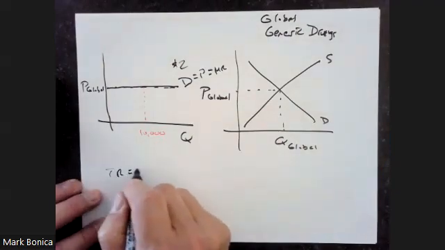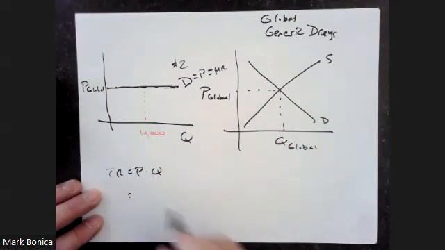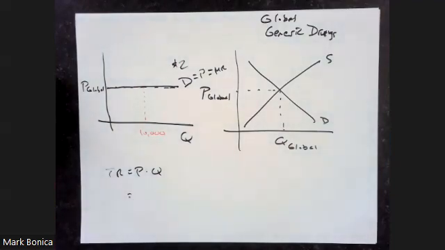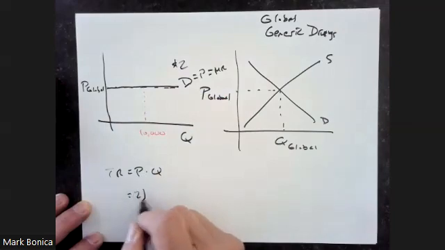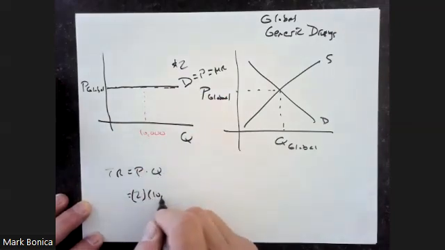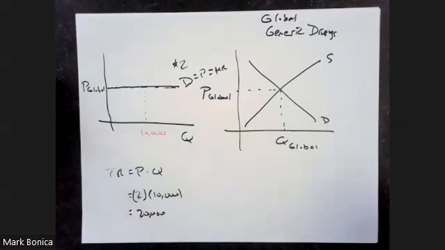Well, if total revenue is price times quantity, what's my total revenue going to be? Working with a $2 price, 20,000, right? All along here is $2, and I'm going to sell 10,000 of it. My total revenue is going to be 20,000, right? If I did 20,000 units, it would be 20,000 times 2, 40,000, right?